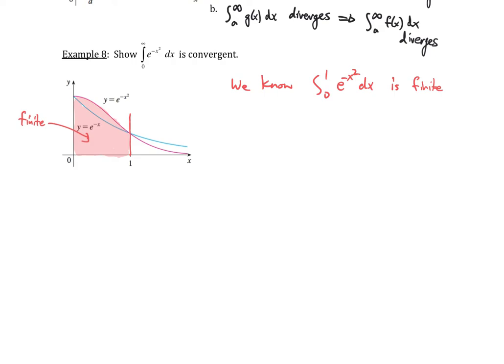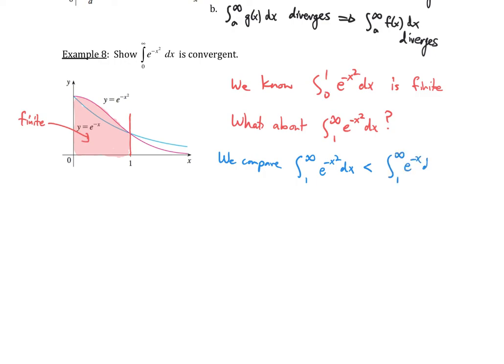So what we're really trying to figure out is, what about the area going from 1 to positive infinity? So what we're going to do is compare the integral from 1 to infinity of e to the negative x squared dx with another integral, the integral from 1 to infinity of e to the negative x dx.